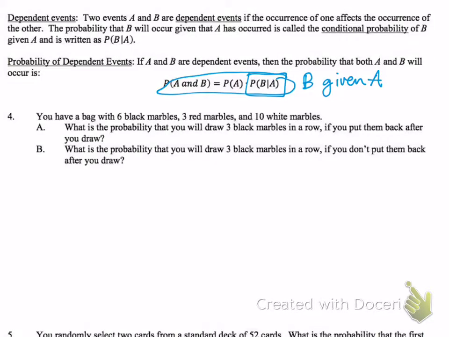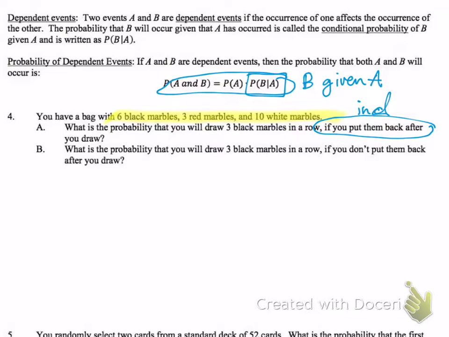So we look at number 4, it says you have a bag with 6 black marbles, 3 red marbles, and 10 white marbles. What is the probability that you will draw 3 black marbles in a row if you put them back after you draw? So whenever you see that, that means that they are what? Independent or dependent? Independent. So I'm just going to multiply them together, and I'm going to assume that I put one in the bag every time I put it back.